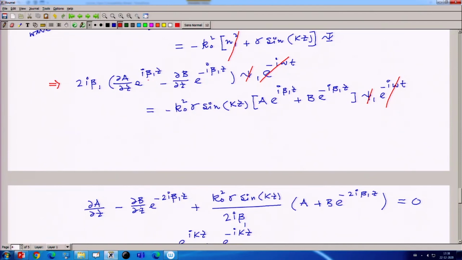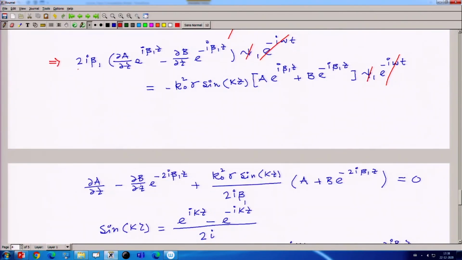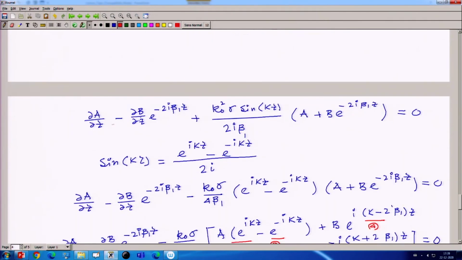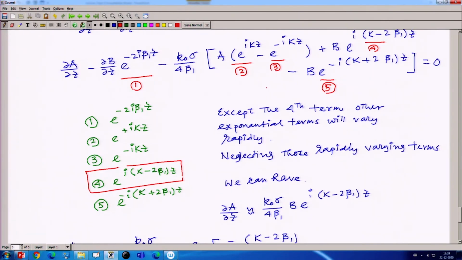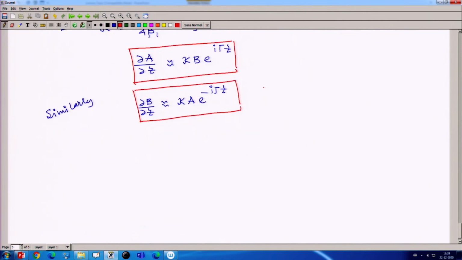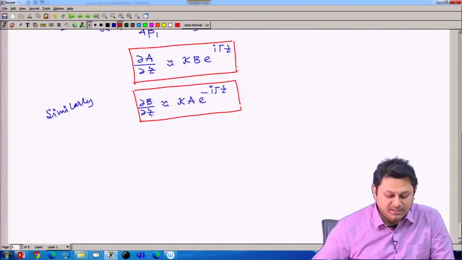I can also do the same thing, but divide by 2 I beta 1 e to the power minus I beta 1 z. If I do that, then instead of having dA/dz free, I can have dB/dz free. Then I can write this equation in exactly a similar way and do all the procedure that we have done here, and we end up with dB/dz is nearly equal to kappa A e to the power I gamma z.